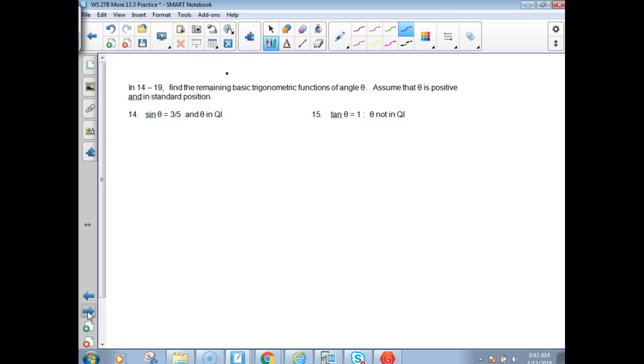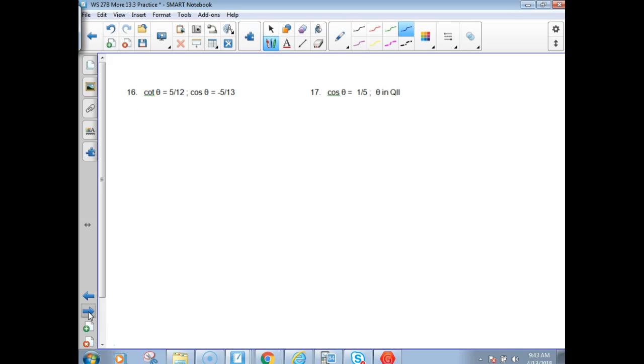Okay, so I've been asked to do number 30. Is that what you said? 18. That's where I got 30 from. All right, so 18, it says that you got the sine of theta is -9 over 41 in quadrant 4. Okay, so this would be your reference angle.